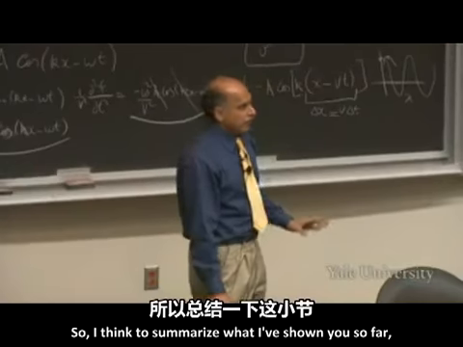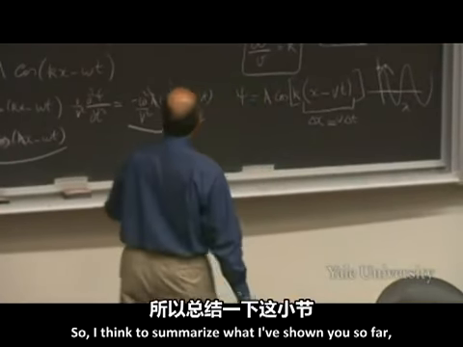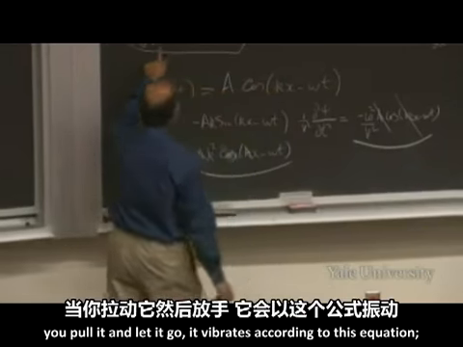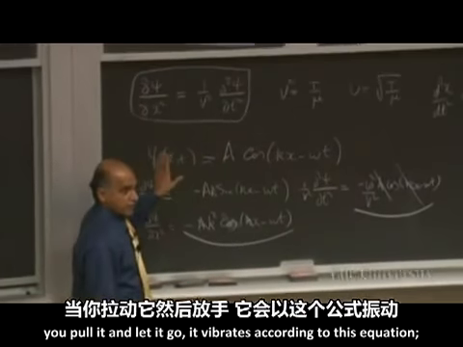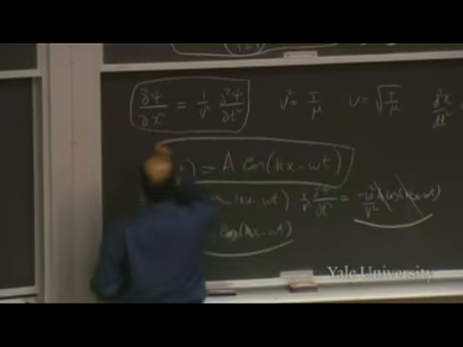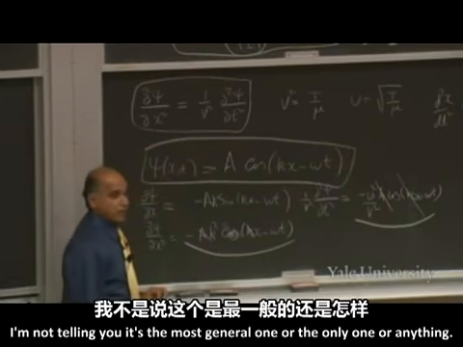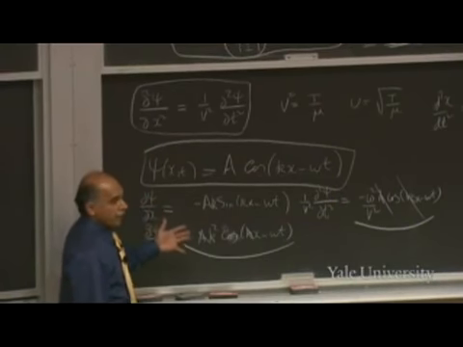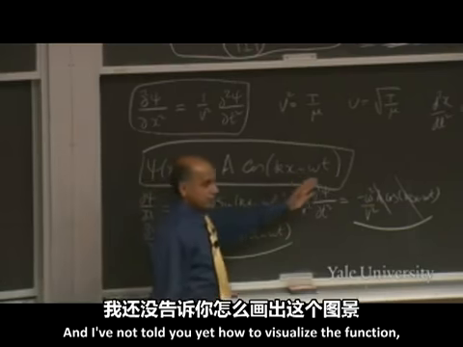So I think, to summarize what I've shown you so far, is that when you take a string and you have a tension on it, you pull it and let it go, it vibrates according to this equation. That's the first statement. This is a solution. I'm not telling you it's the most general one or the only one or anything. I want us to at least have one concrete solution. And I've not told you yet how to visualize the function.